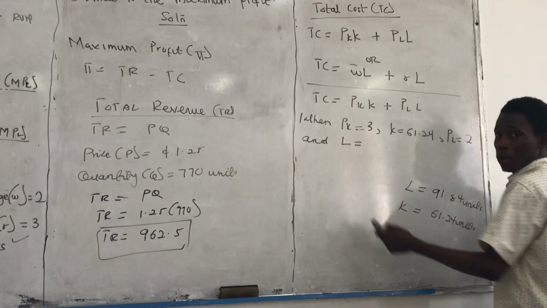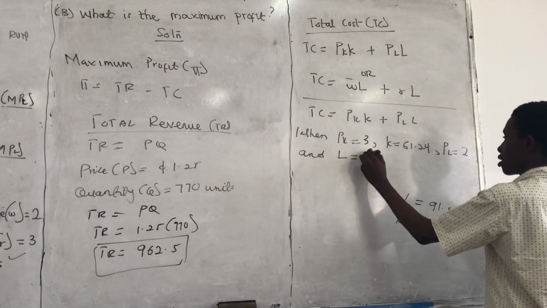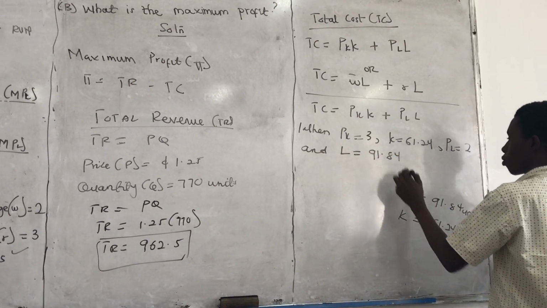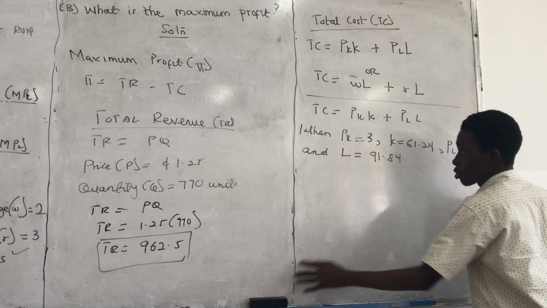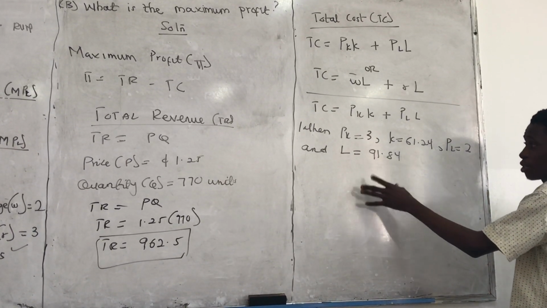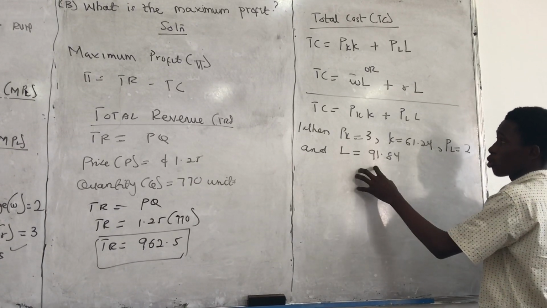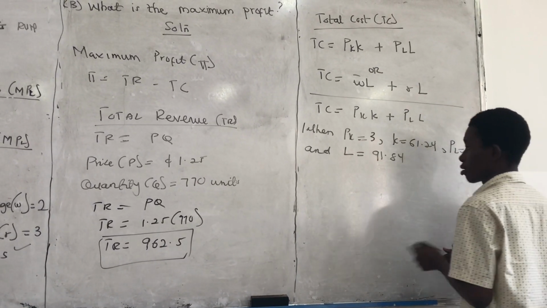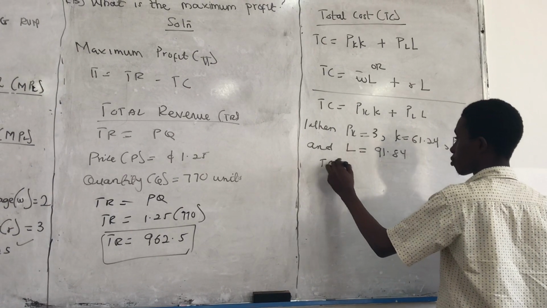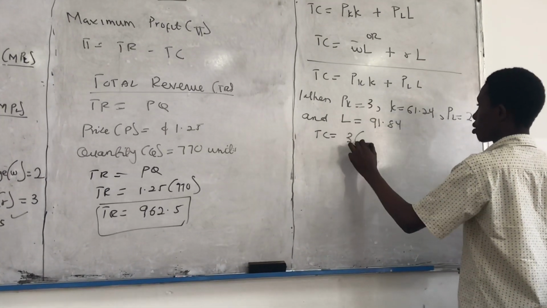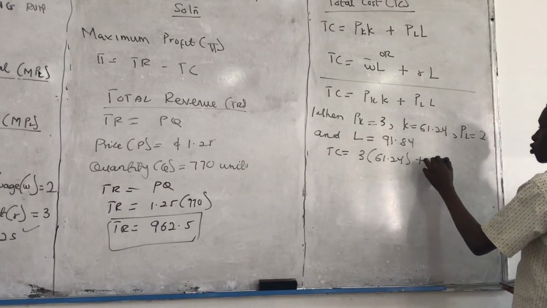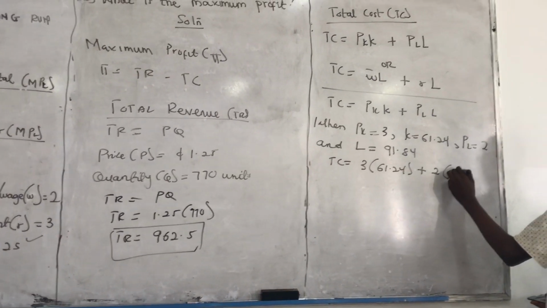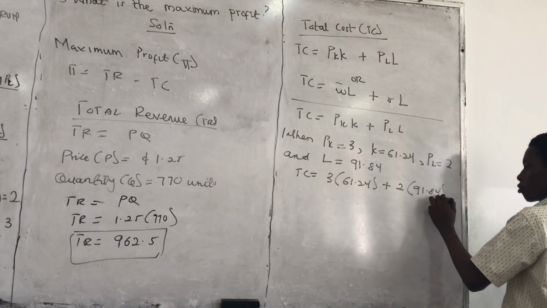And labor, when we calculated the labor, we have 91.84. The next thing is we substitute all the variables into the total cost function. TC equals 3 times K, 61.24, plus PL is 2, L is 91.84.